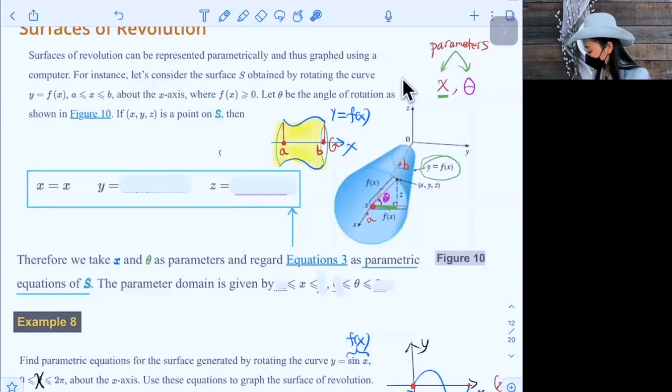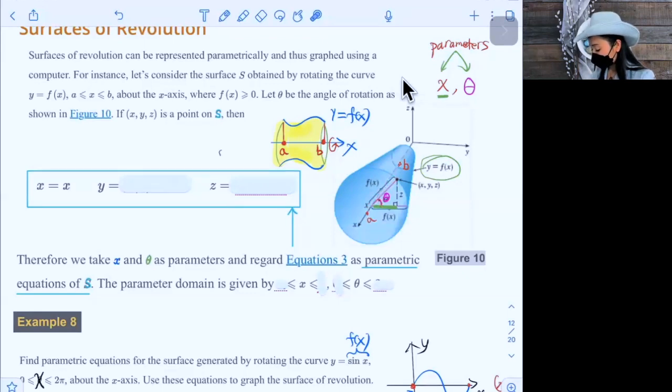So we know that from here to here is f of x, and here is theta. How do you find out this y over here? That's the adjacent side of this triangle, adjacent to this angle theta. What does this equal to? That will be f of x times what? Cosine of theta, right? So that will be f of x times cosine theta.